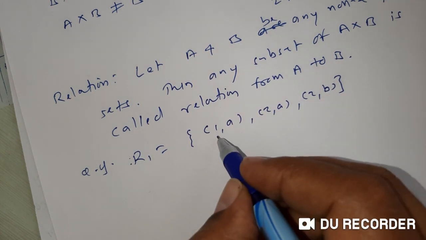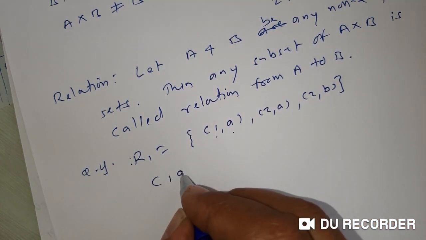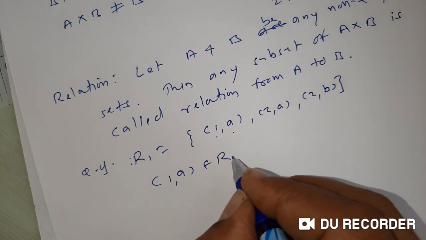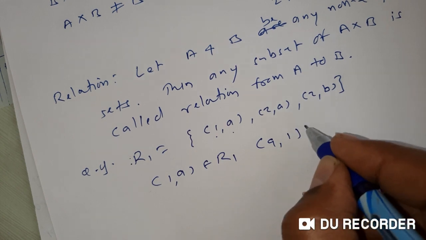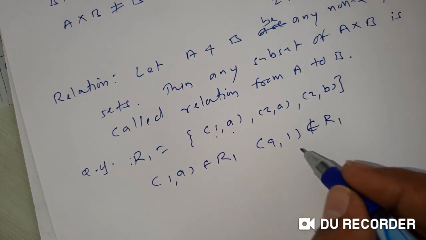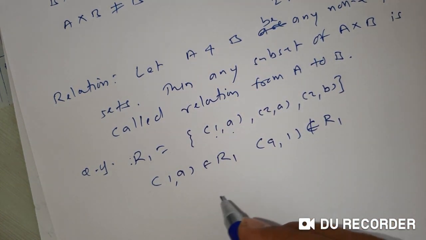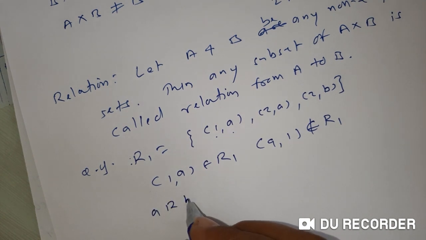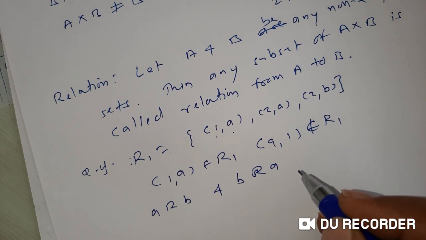So under this relation, 1 is related to a, because 1a belongs to R1, it is present in R1, but a1 is not present in R1, and so a is not related to 1, but 1 is related to a. That is, A is related to B and B is related to A are two different things.